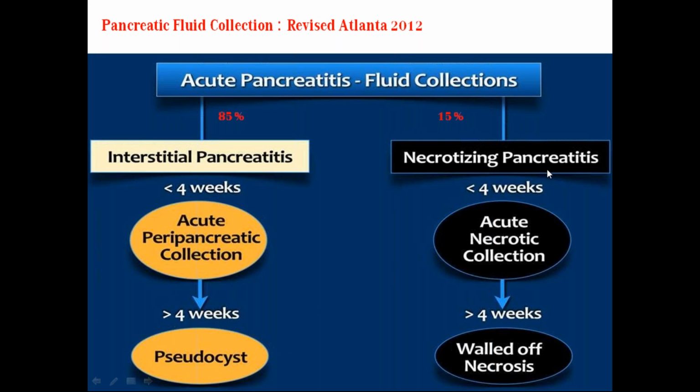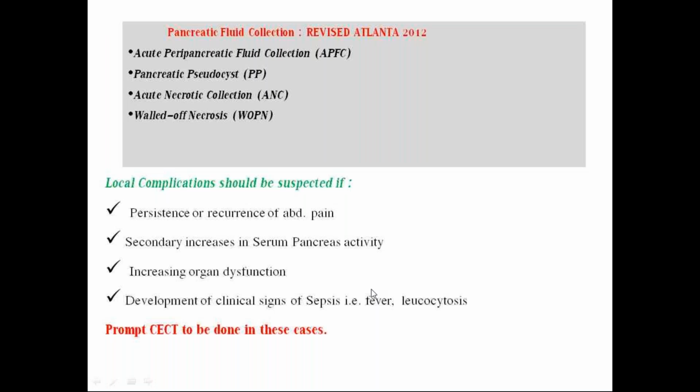In necrotizing pancreatitis, if it is less than 4 weeks, it is an acute necrotic collection; if more than 4 weeks, it is known as walled-off necrosis. So the revised Atlanta guidelines show acute peripancreatic fluid collection, pancreatic pseudocyst, acute necrotic collection, and walled-off necrosis.